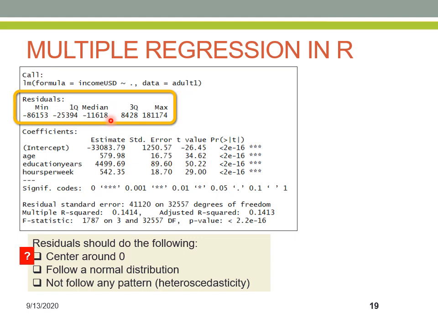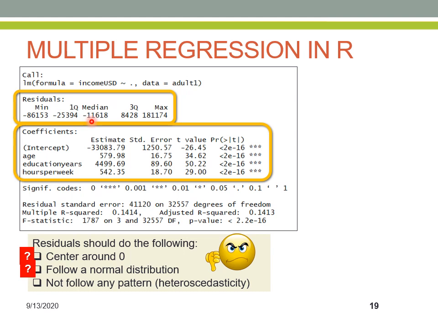No. What about the normal distribution? That's our next criterion. Here we are looking at a minimum of 86,153. We're seeing here that the max is 181,174, even with a negative median, especially with a negative median here. That certainly is not a normal distribution. It's very skewed. So the residuals are telling us that the model that we're looking at is not very representative.